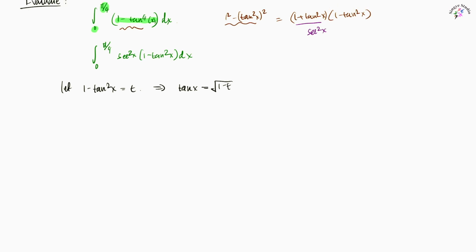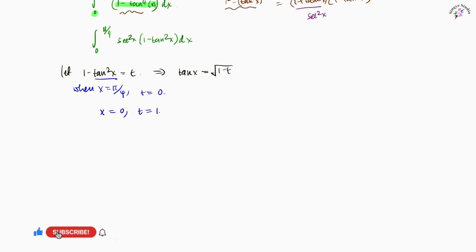When x equals pi by 4, tangent x will be 1, so t will be 1 minus 1, which is 0. And when x equals 0, tangent 0 is 0, so 1 minus 0 is 1, so t equals 1.